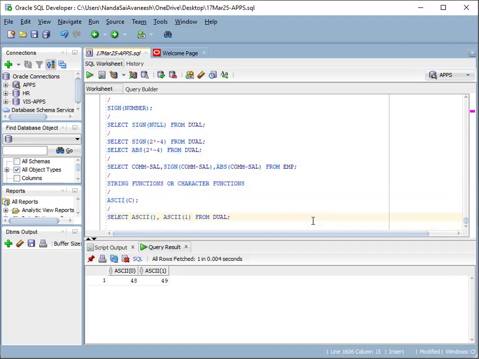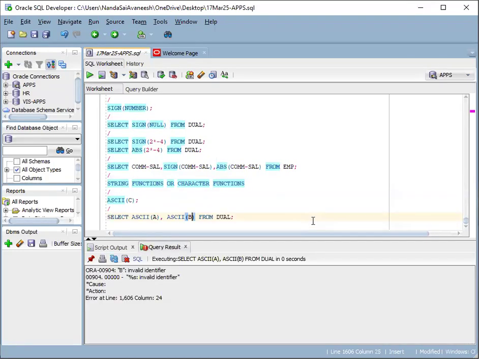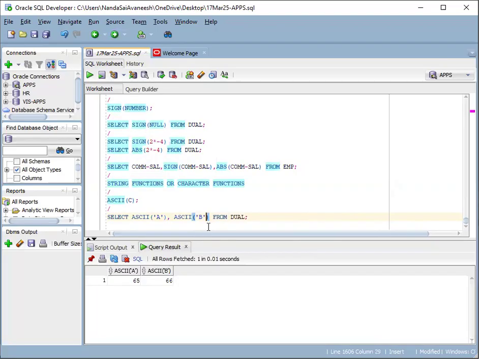But when you are using alphabets here, it will throw an error. So whenever you are using alphabets, you have to provide them in single quotes only. For numbers, there is no need to give single quotes.